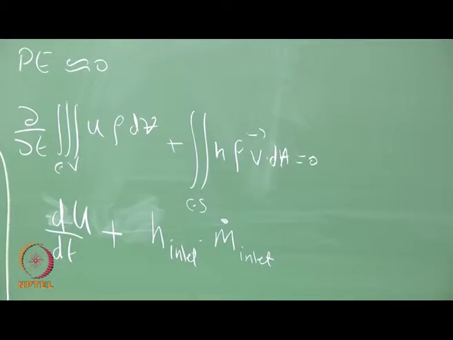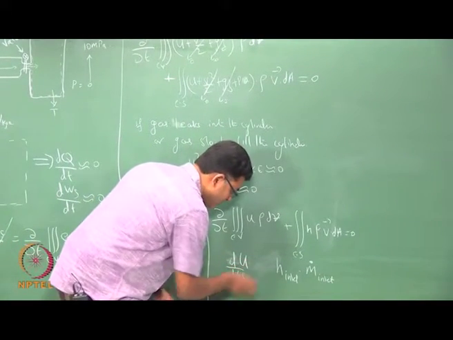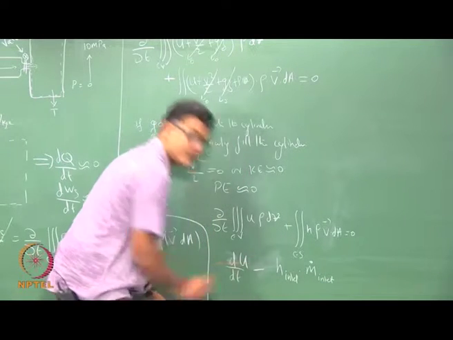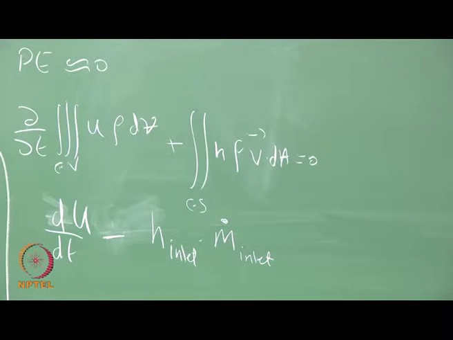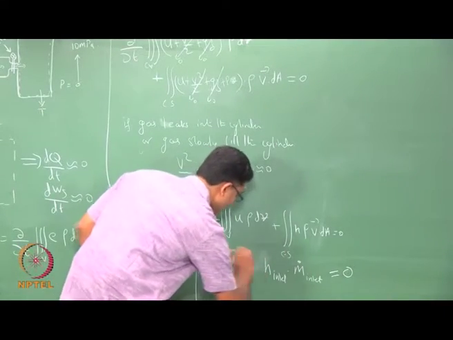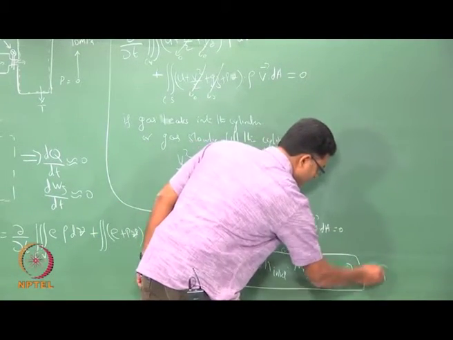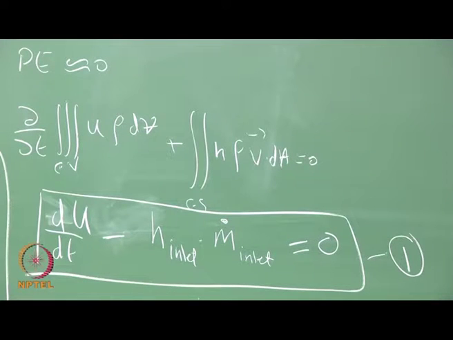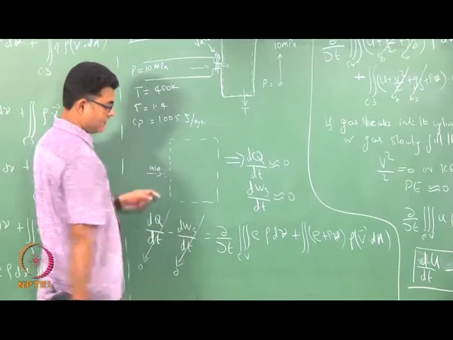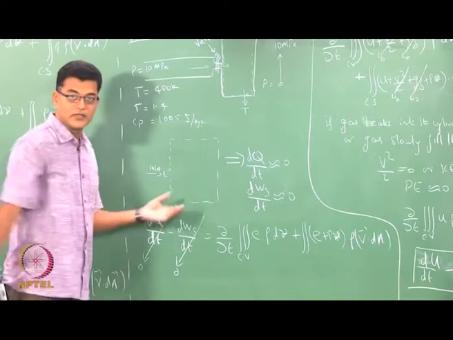Now, this is something that is going into the system, so you could write this with a minus sign, equals 0. All right, that is the balance of energy crossing this inlet and filling this control volume.